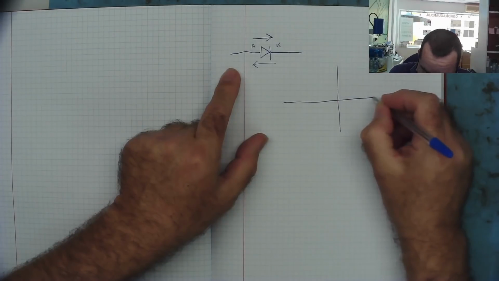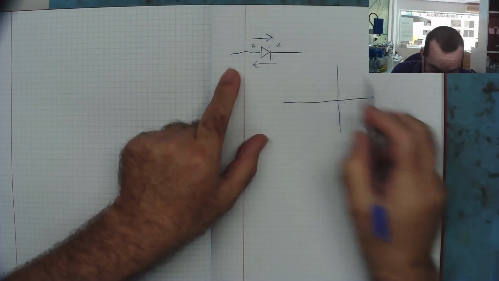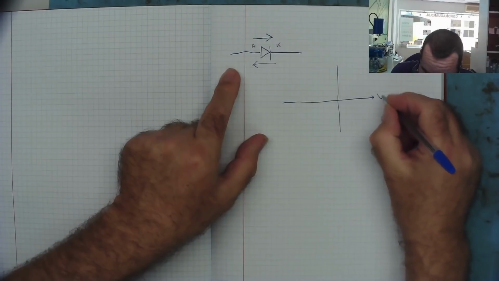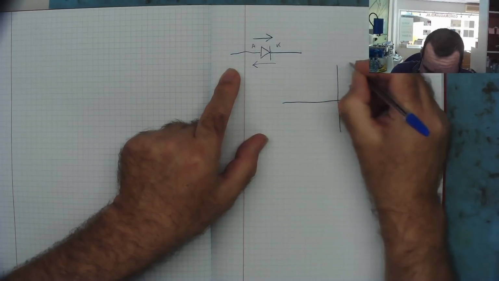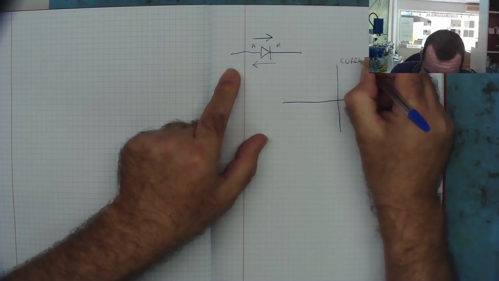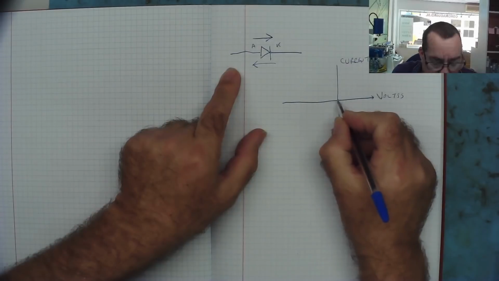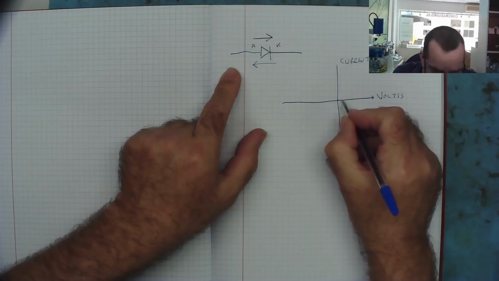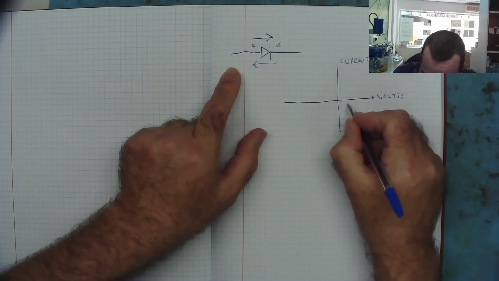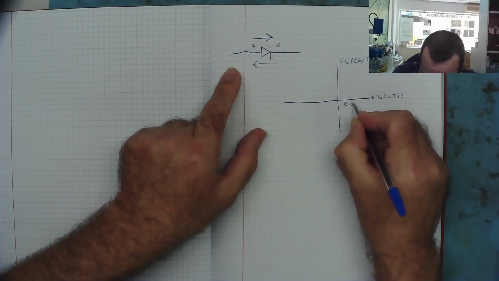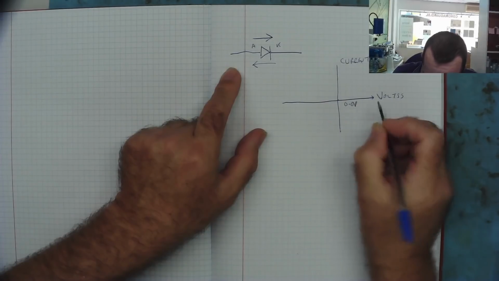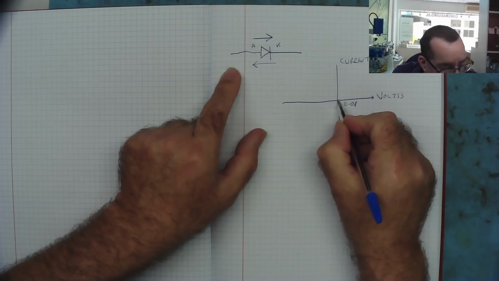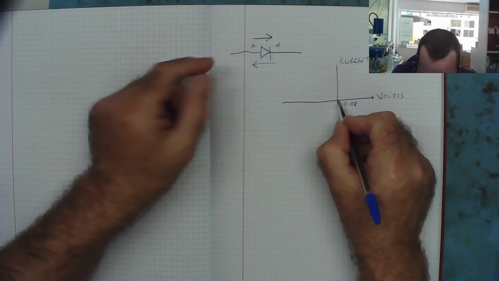So in the forward direction, that's this direction, this is volts and this is current. In the forward direction, it doesn't actually conduct until you reach a certain voltage, which is generally for a silicon diode about 0.6 of a volt. So when the voltage is below 0.6, it doesn't actually conduct.